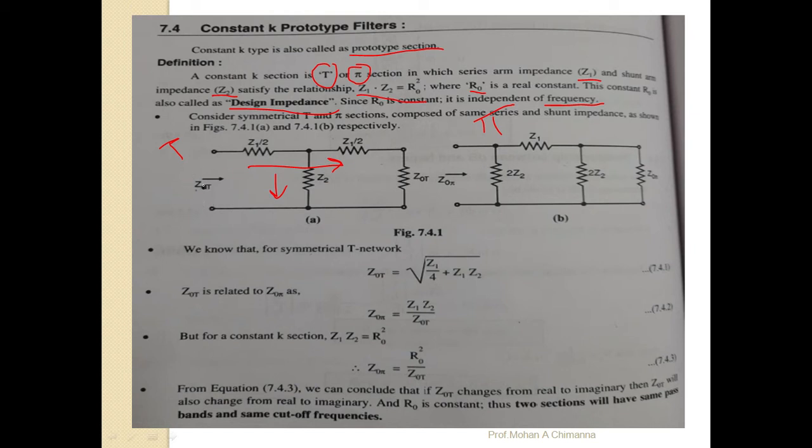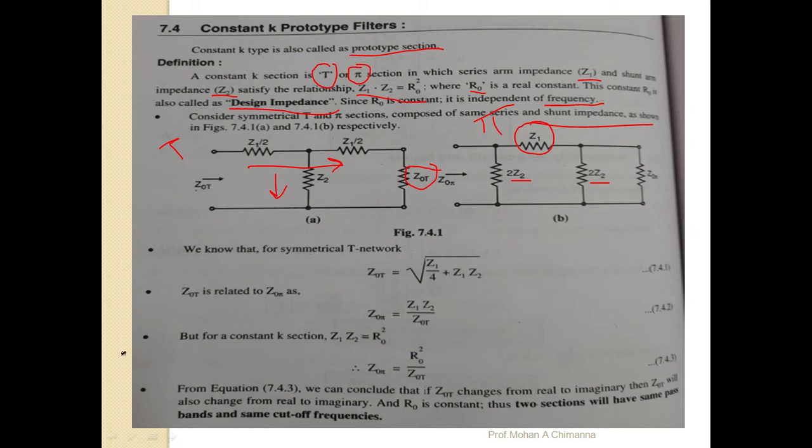ZOT is the input impedance and ZOT is the output impedance of the T network. ZO pi is the input impedance and ZO pi is the output impedance. In the pi section, the series arm is Z1 and the shunt arm impedance is 2Z2. This is for the T section and this is for the pi section.